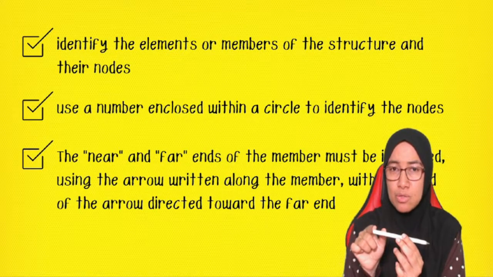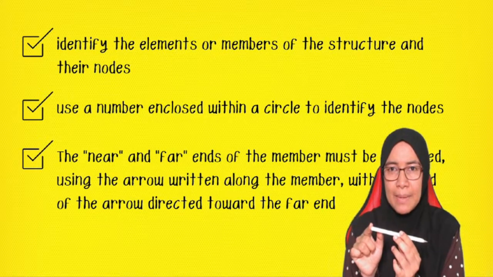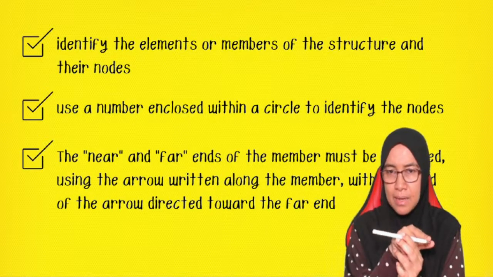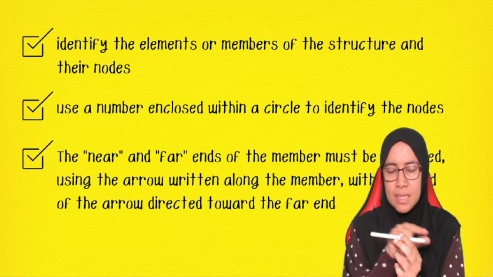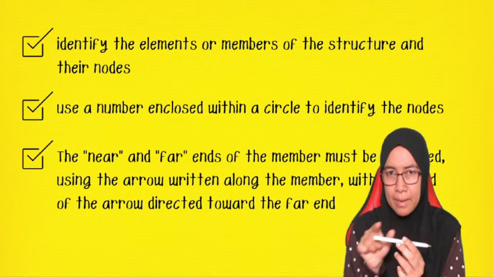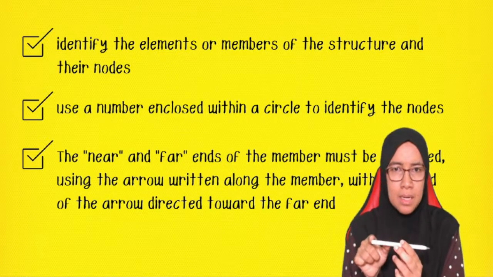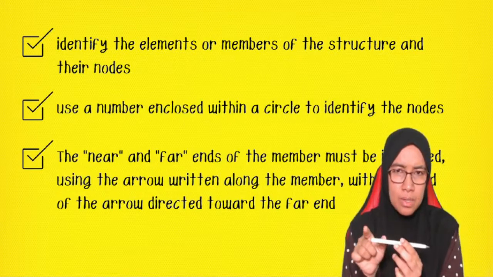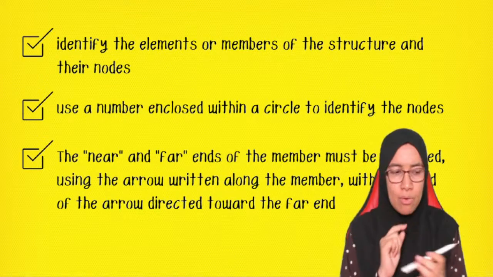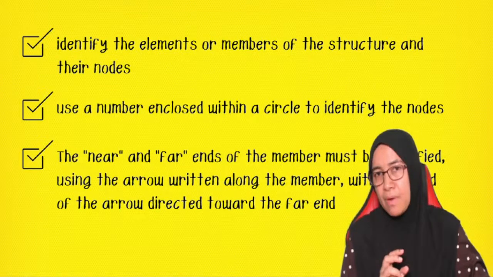One element has two ends. One end, and this is another end. Two ends. So this is node and node. From the arrow we will identify near end and far end.